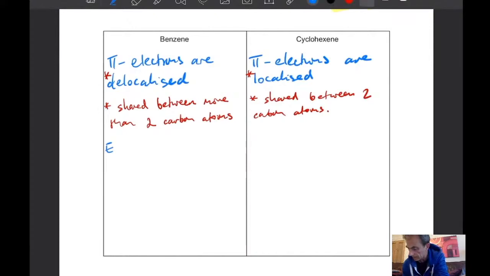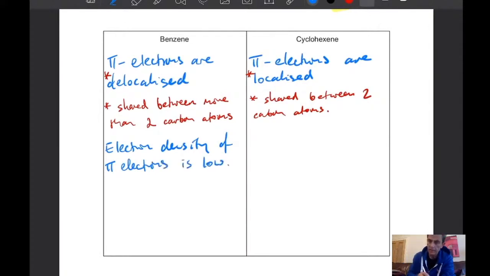Electron density of the pi electrons is low. Because the pi electrons are spread out over all 6 carbon atoms in the benzene ring, we say that their electron density is low. Two become one, Laura, surely you know that. Are you too young? Oh dear me, I'm feeling really old now.